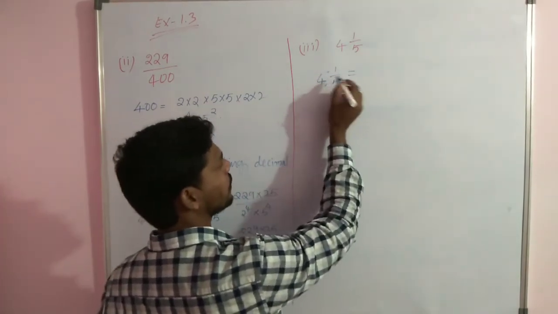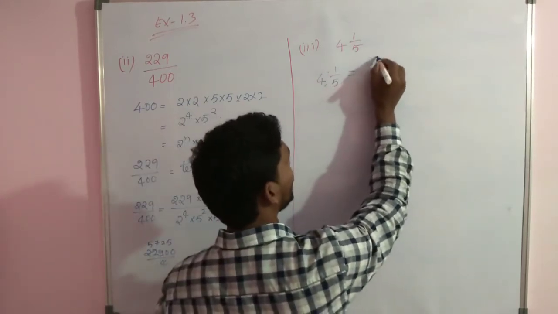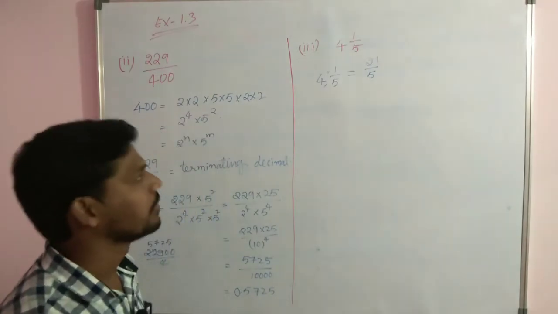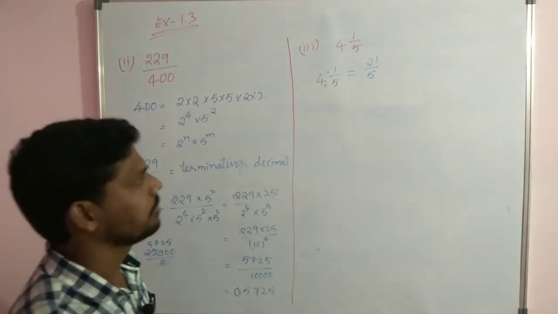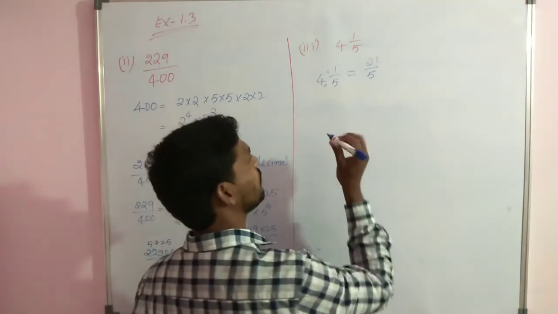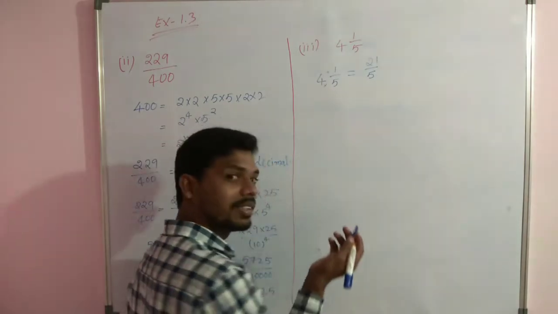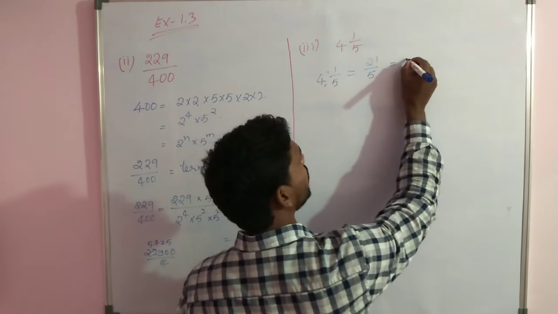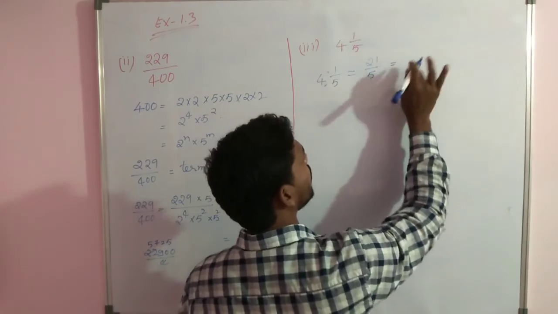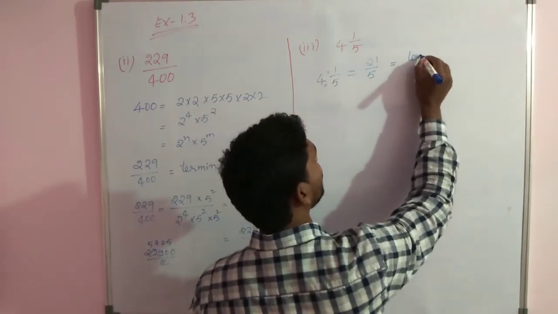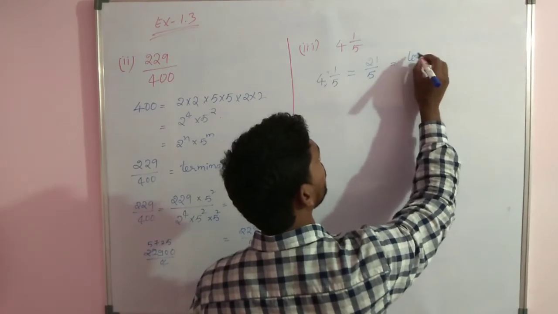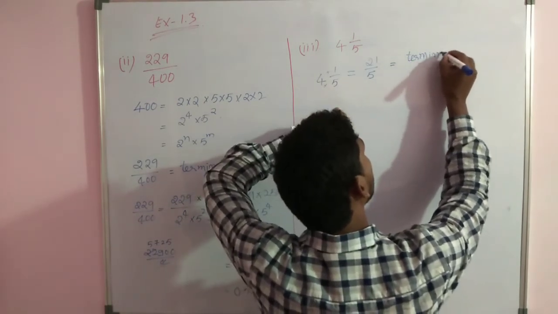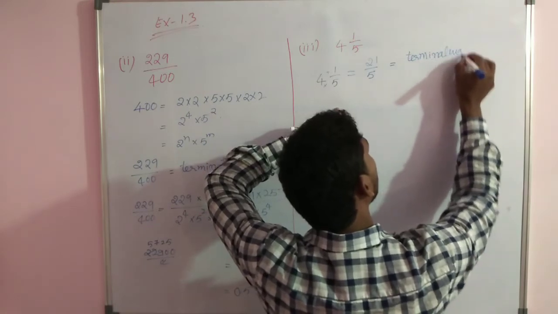So 5 fours are 20, 20 plus 1, 21 by 5. The denominator is 5, so this is a terminating decimal.